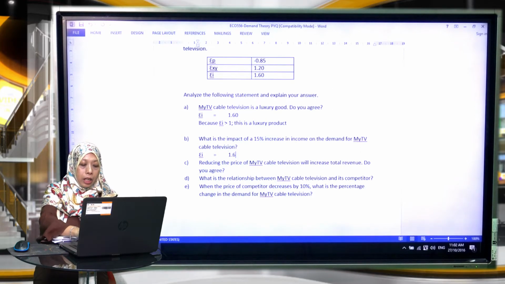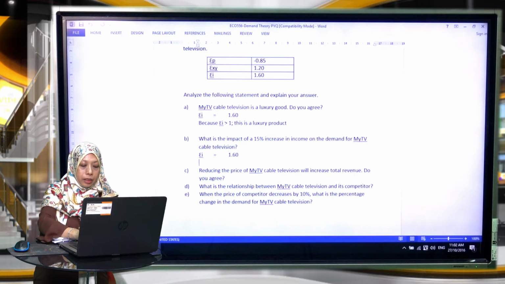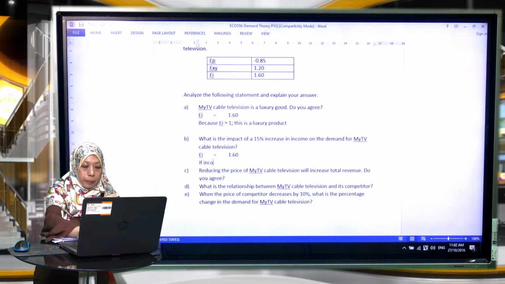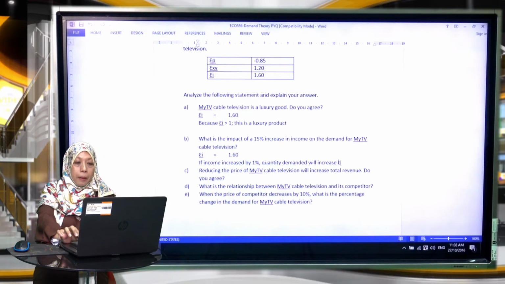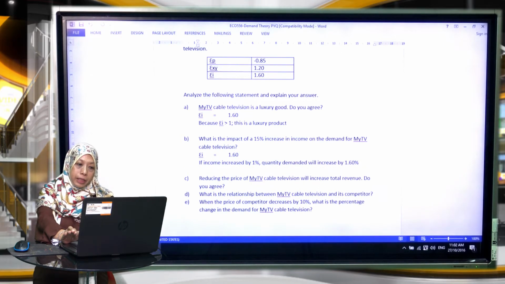So what does this mean? It means when income increases by 1%, quantity demanded will increase by 1.6%. But the question wants to know the impact of increasing income by 15%.